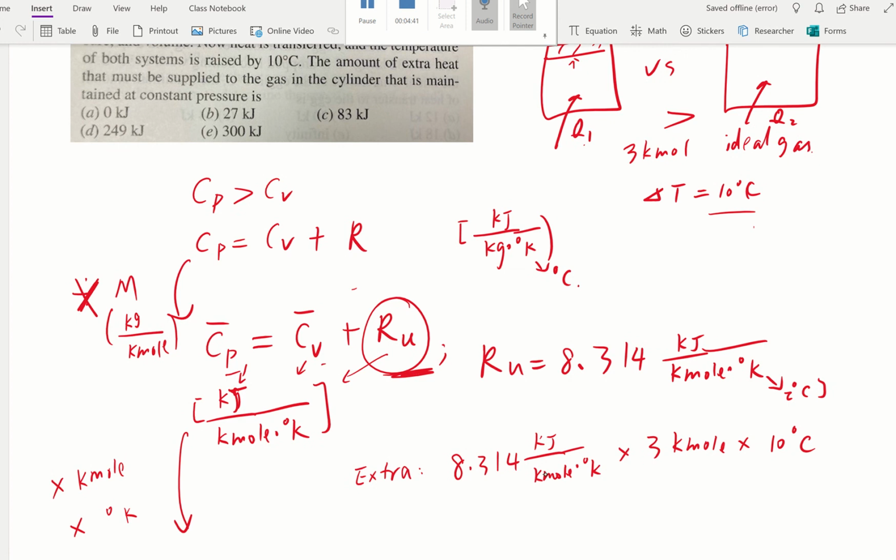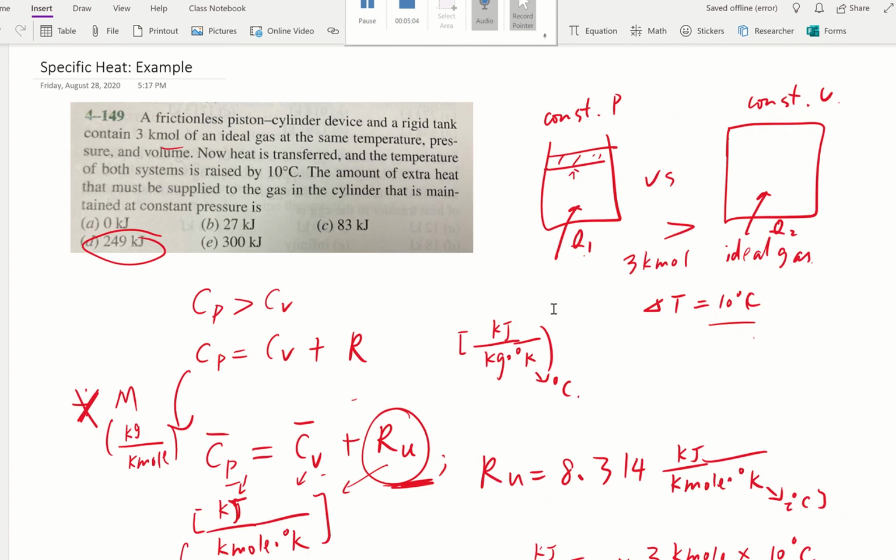Again, this 10 degrees Celsius can be written as 10 Kelvin. So let's calculate that: 8.314 times 30, then we get an answer of 249 kilojoule. That's going to be the extra work, 249 kilojoule.